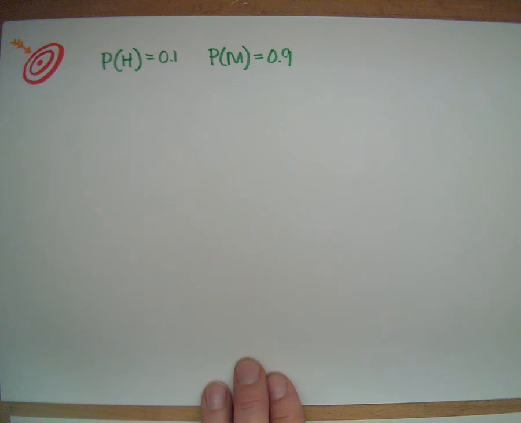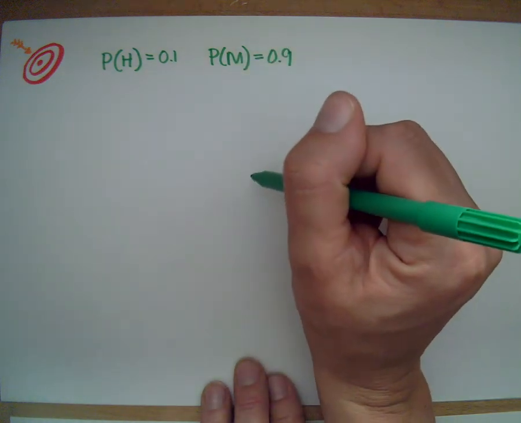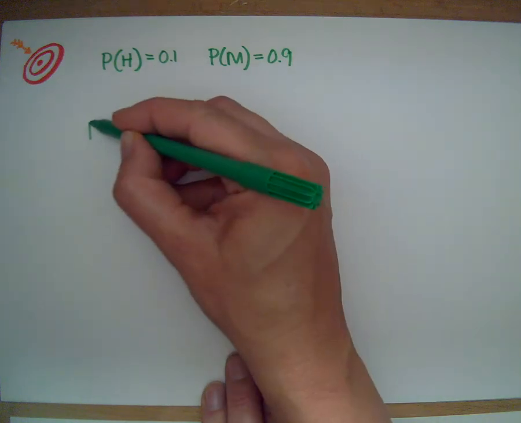Now, what if I'm attempting to hit the bullseye? What are the chances of me attempting and only getting the first hit on my 4th attempt? So what are we finding the probability of?